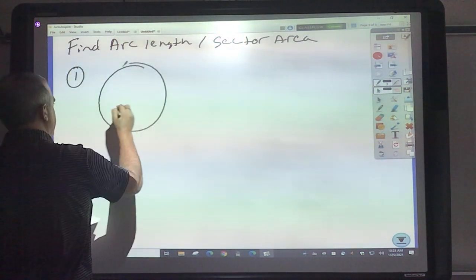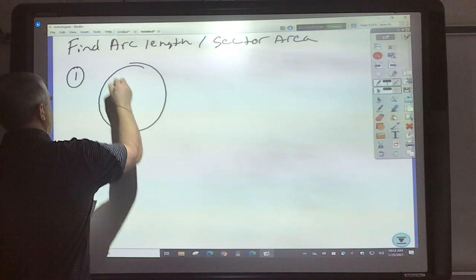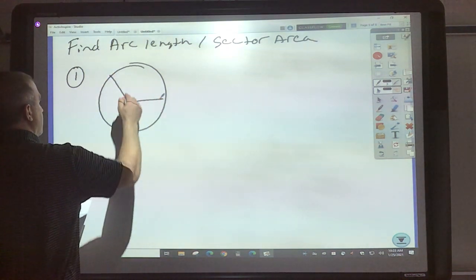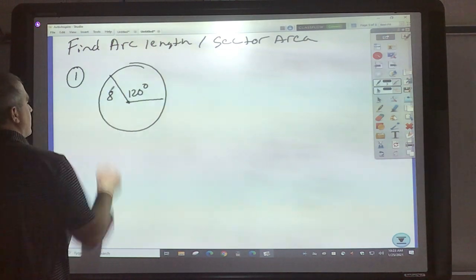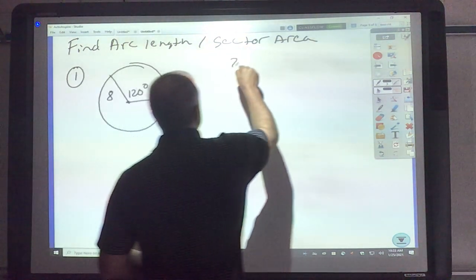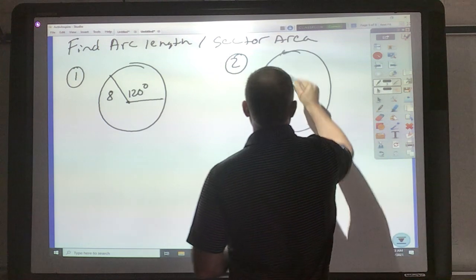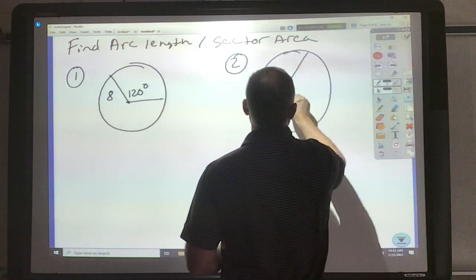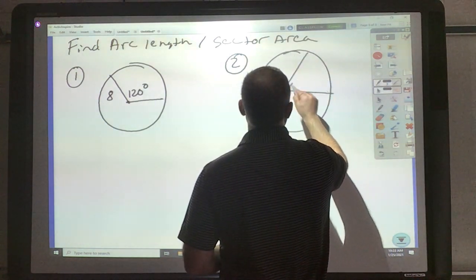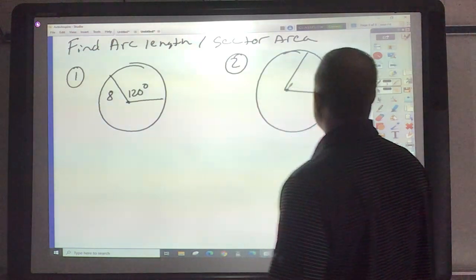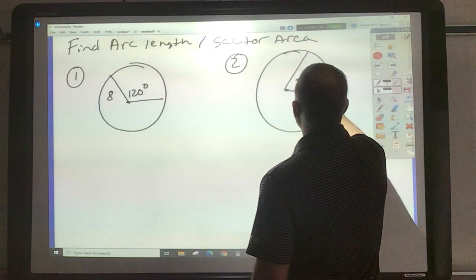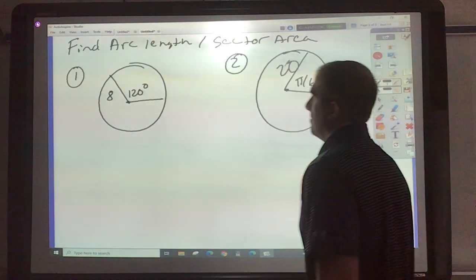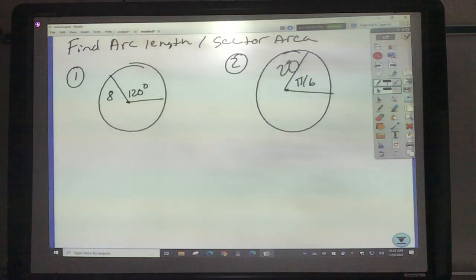So let's say this is 120 degrees and this is 8. And say this is pi over 6 and this is 20. So, arc length and sector area.